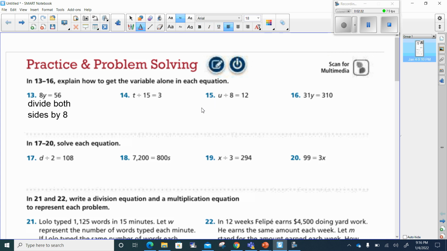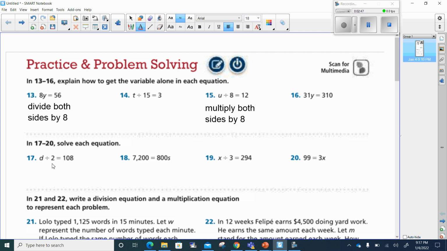So over here, we're going to put multiply both sides by 8. The reason we're multiplying both sides is the rule for equations is whatever I do to one side of an equation, I must remember to do to the other side to keep everything balanced. So that's why they say that we're going to do it to both sides.